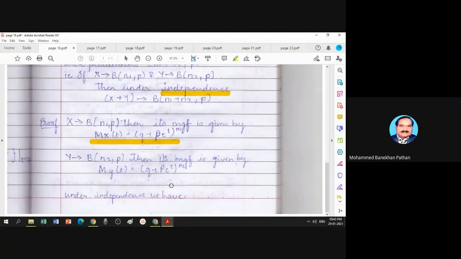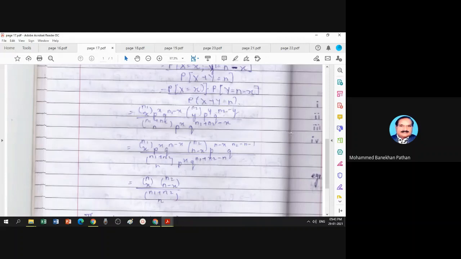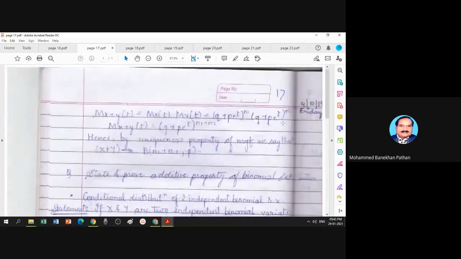Under independence, we have from the previous chapter of mathematical expectation: if random variables are independent, then the MGF of the sum is the product of MGFs. This is the property of MGF that we studied in mathematical expectation. Now replace MGF for X and MGF for Y. Now as the base is same, you can add the powers.